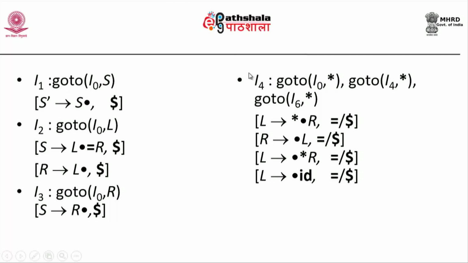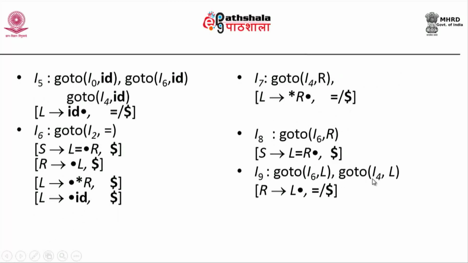So here in I4, I have actually combined some items. Similarly, if you look at it, I have here I6 comma L and I4 comma L. I6 comma L will be R produces L dot, comma dollar alone.